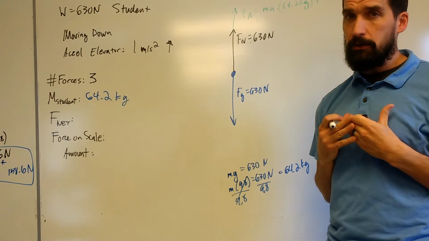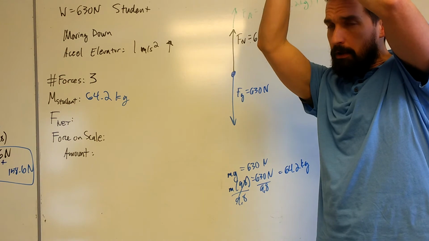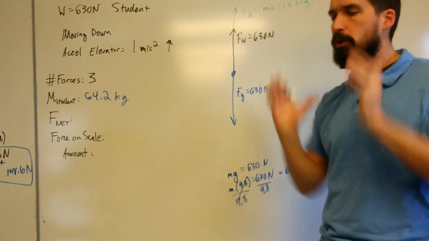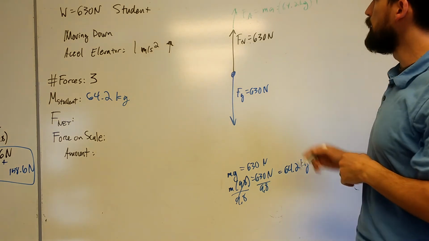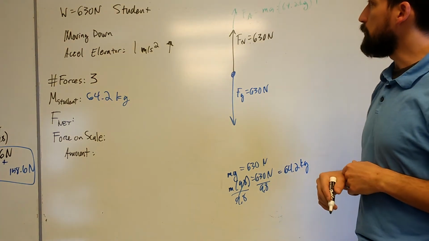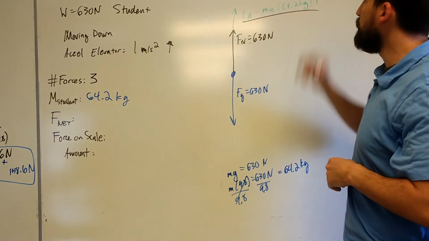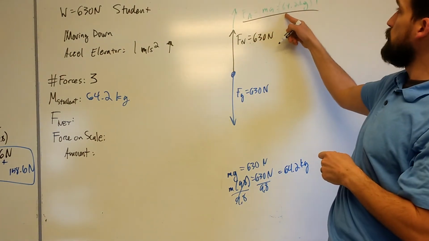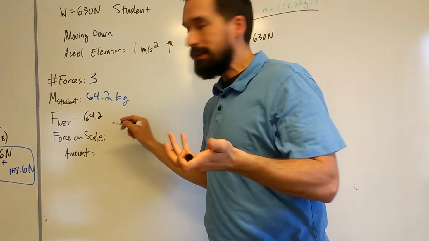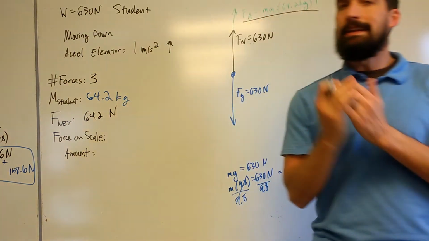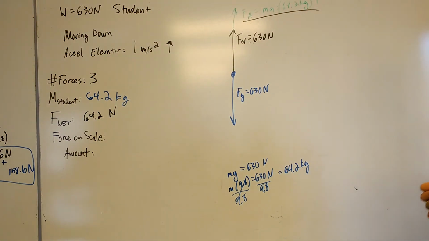You're going to experience it pushing you up. You feel that down here, but it's pushing you up so you can sense the applied force. Then what's the net force? Well, the net force is just the applied force, which is 64.2 times the acceleration of 1, 64.2. What are the units? Newtons. Now, here's where it gets interesting.